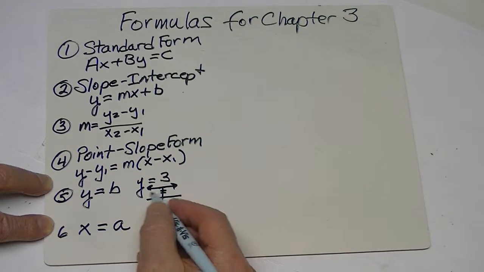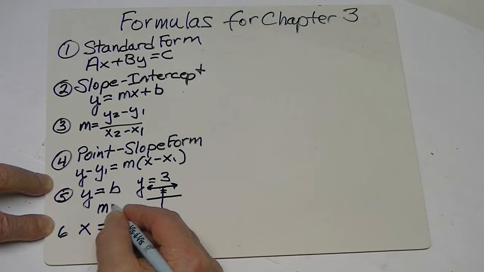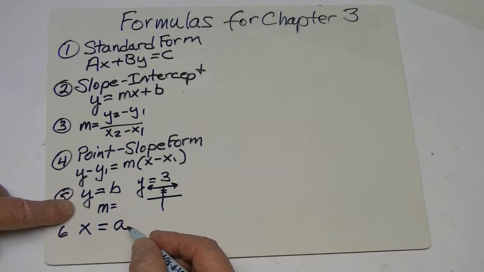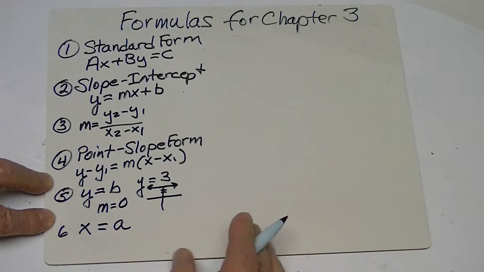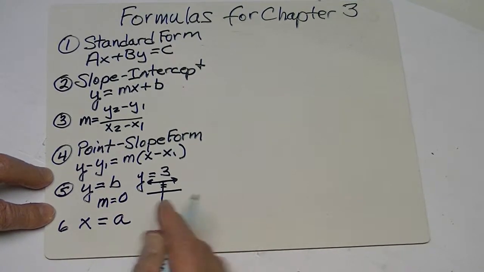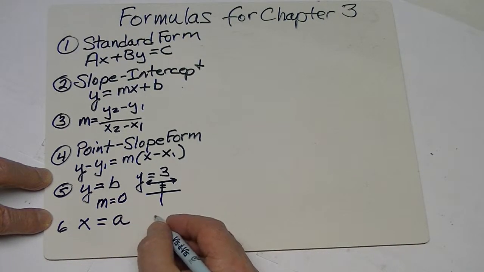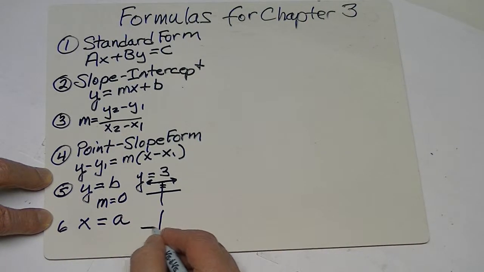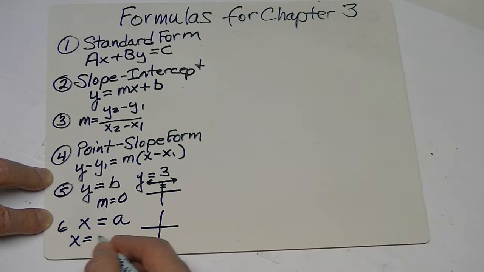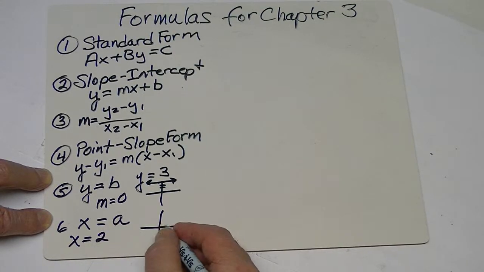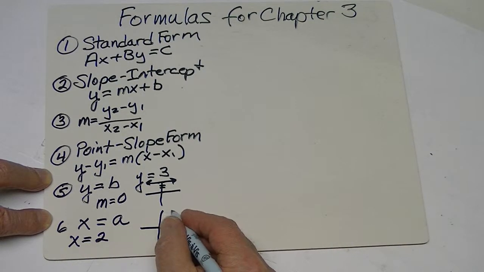And as an addition, we'd say the slope of any graph in this form, y equals b, is 0. And for this one, again, if we were to graph it, an example would be x equals 2, let's say. This is going to be a vertical line going through 2.